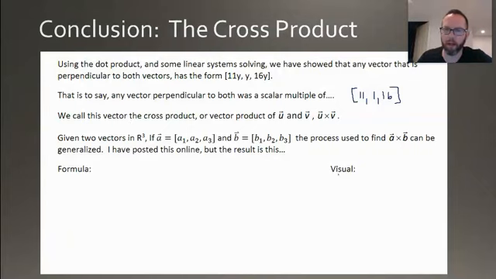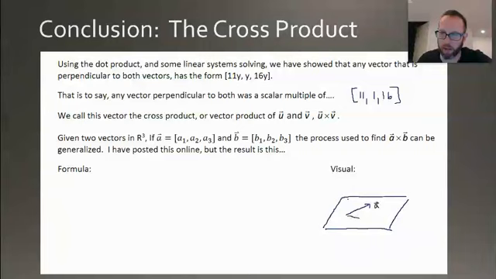But I actually want to get a visual first and just reinforce what we're talking about when we talk about the cross product. So I'm going to draw a plane here, and then just two generic vectors. Call that vector A, and we'll just say vector B. Vector B is pointing down here. And what the cross product gives you is a vector, A cross B, that is perpendicular to both.